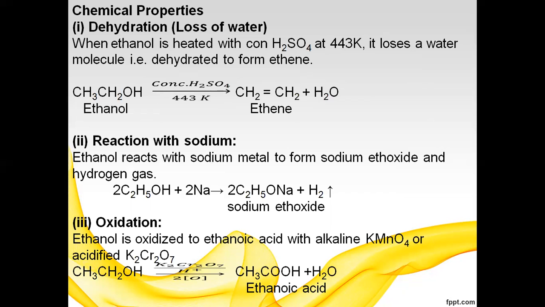The next one is oxidation. Ethanol is oxidized to ethanoic acid with alkaline KMnO4 or acidified K2Cr2O7.